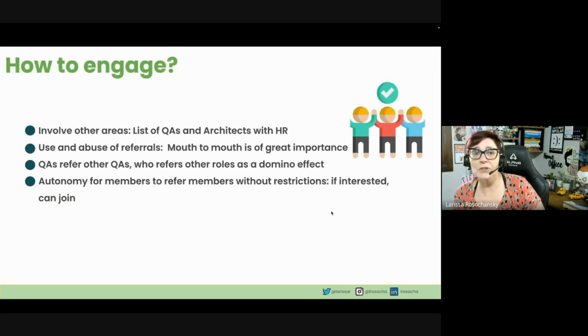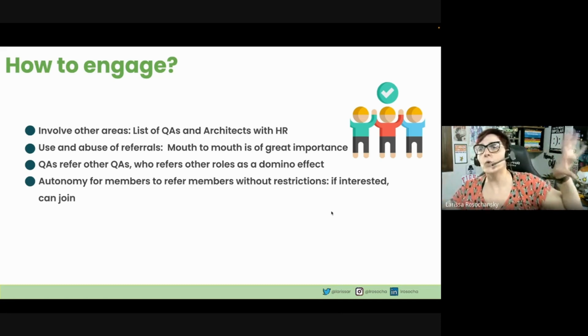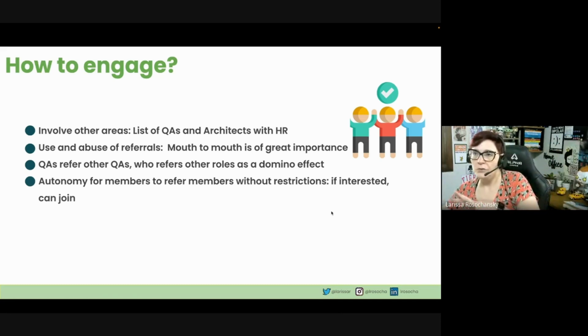How to engage? What I did was I talked to human resources, the people department, and I asked them for the list of all the QAs and architects that were part of the account. I asked them for their roles, and then I had a list with this.